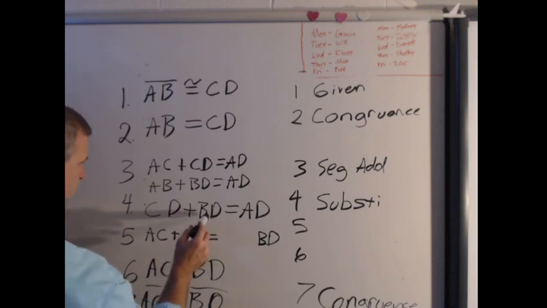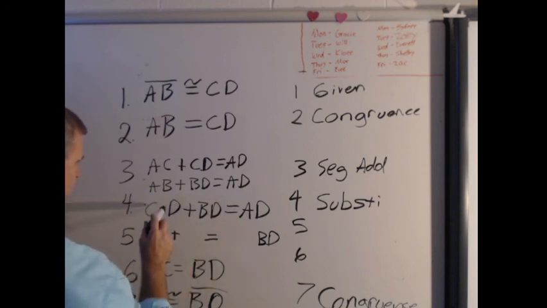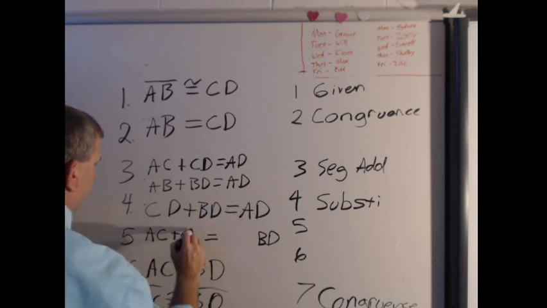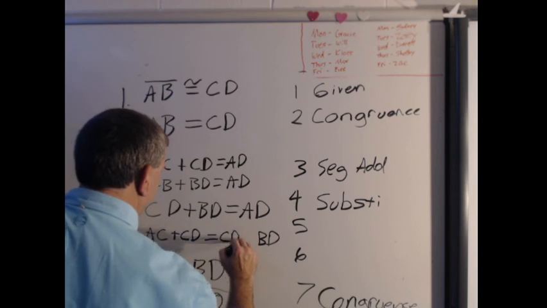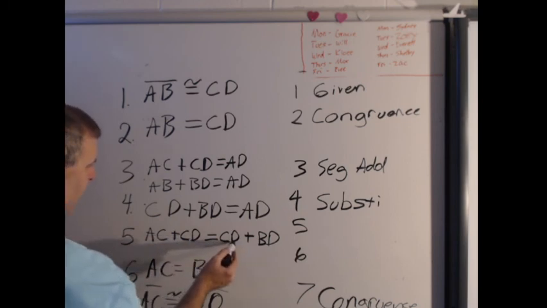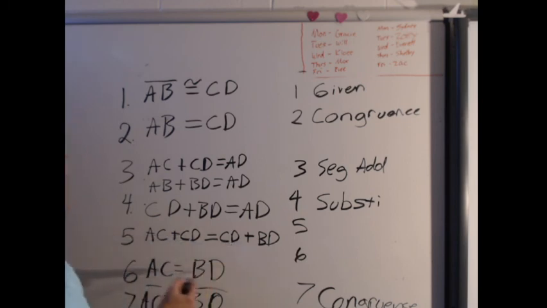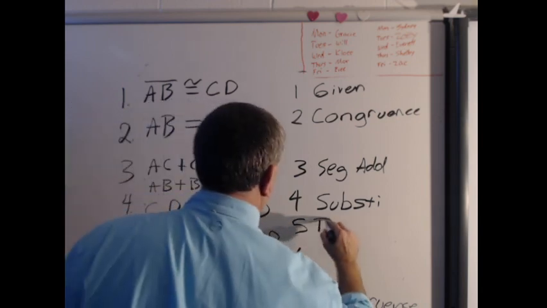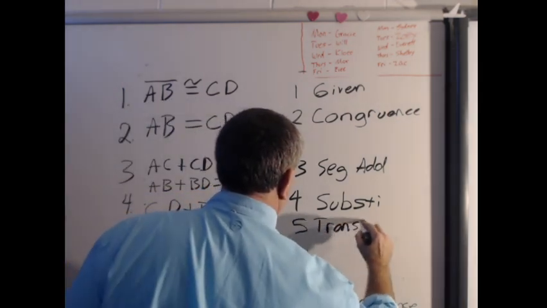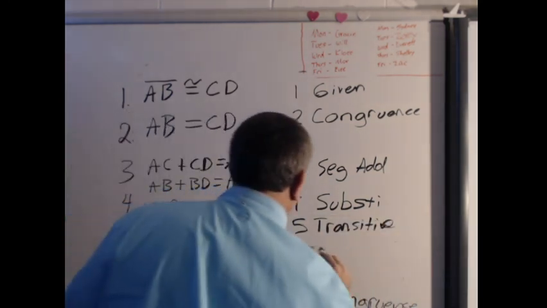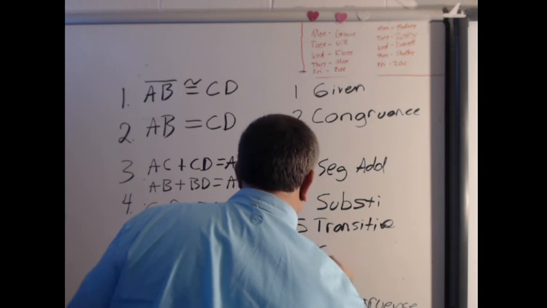Okay, here's BD right here. Well, now if I cancel these out, I'm going to be left with this. Okay, so that is number 5, transitive. Okay, and then number 6, okay, is subtraction.